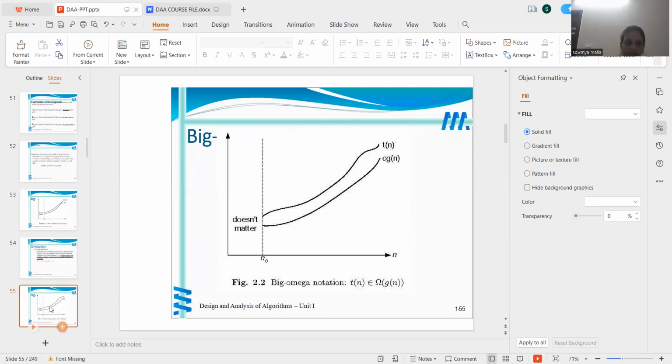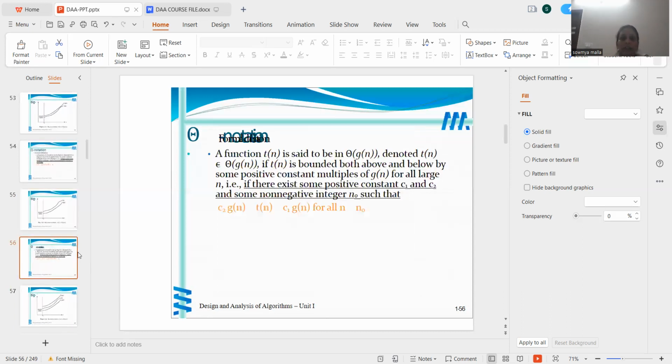Next, theta notation. Theta notation mainly represents the average bound of time that an algorithm requires for its runtime. We can calculate the average amount of time that an algorithm requires for its execution, so it is used to calculate the average case time complexity of an algorithm.